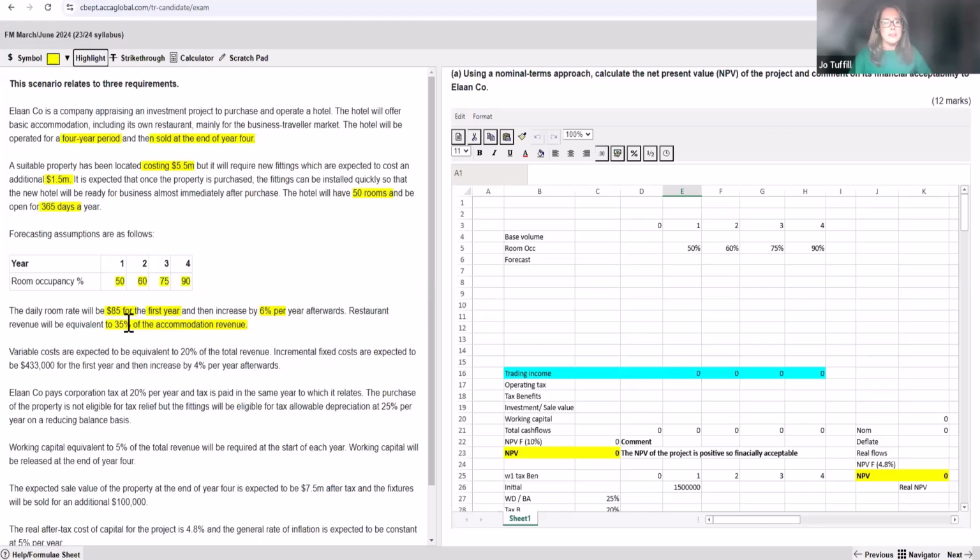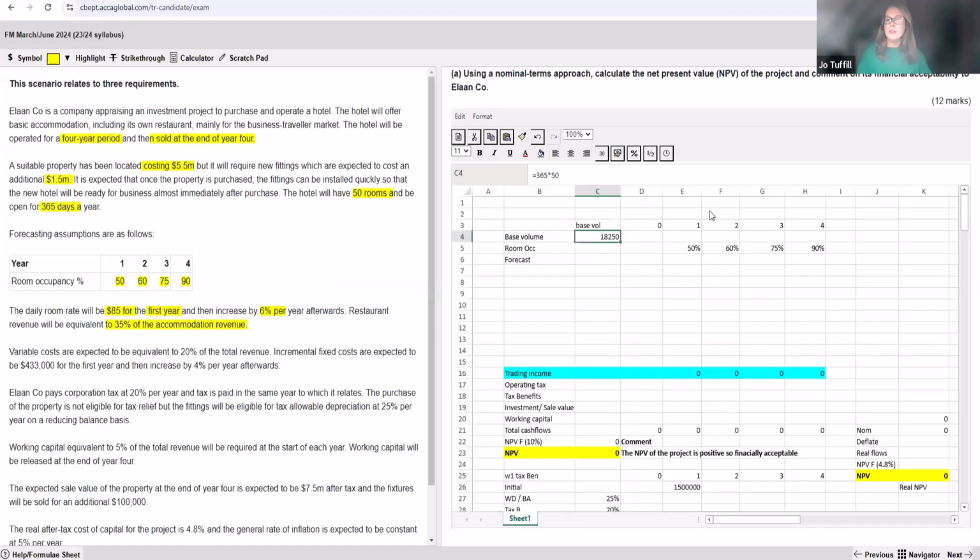So let's start putting this into my analysis, and then we'll work down. At the moment, we've been told we've got some base volume. So we're going to base the volume on 365 days a year times 50 rooms. That's our base volume.